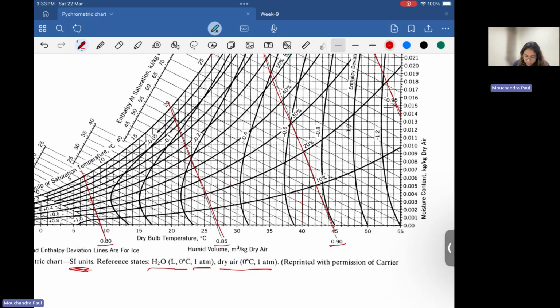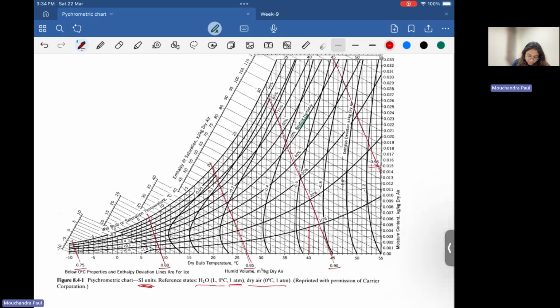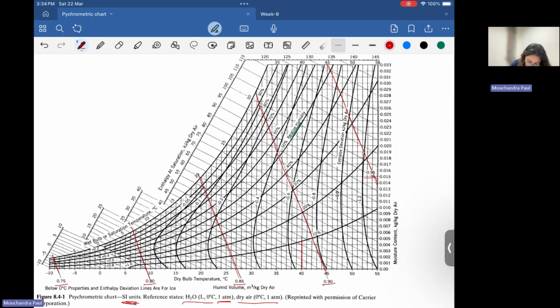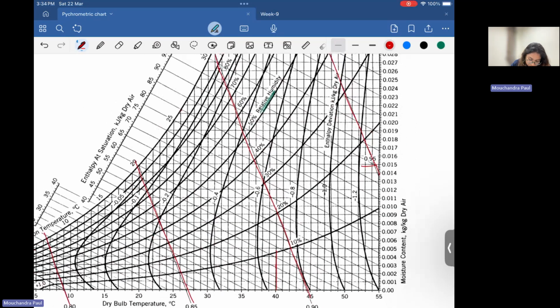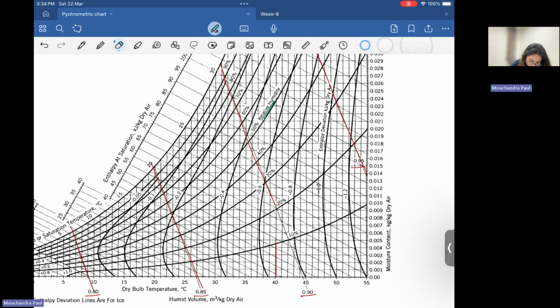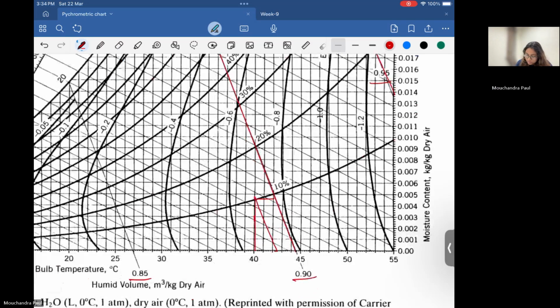Then at this particular point, using a scale if you are doing it offline, not using an iPad like me, we have to draw a line parallel to this line, which is the line given for 0.9, passing through this point. You should get a value closer to 0.9.